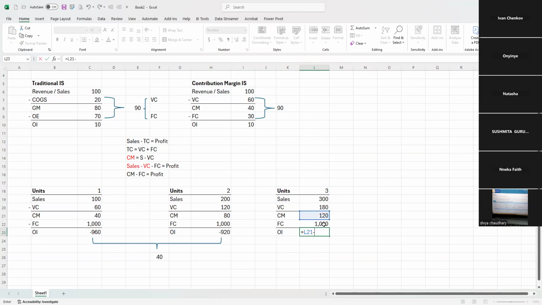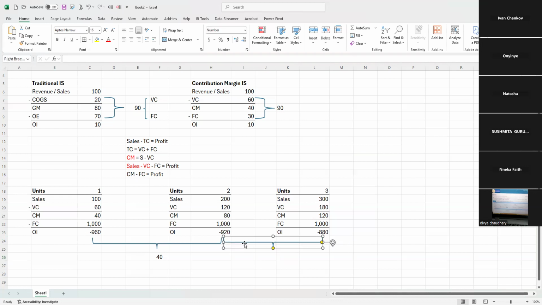It will increase by another $40, because we sold one more unit. Fixed costs remain the same. So every time we sell one more unit, my operating income is going to go up by $40. Make sense?